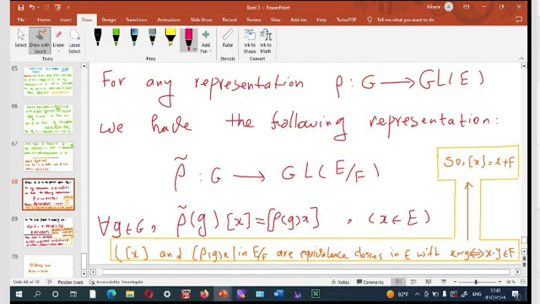For any g in G, rho tilde of g of x equals the class of rho g of x.